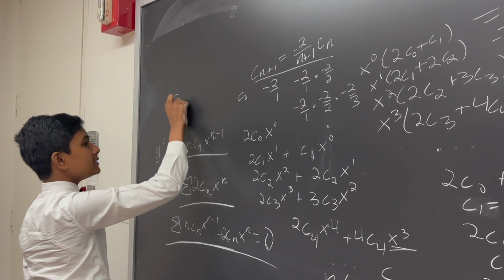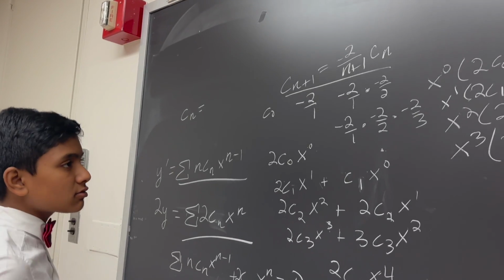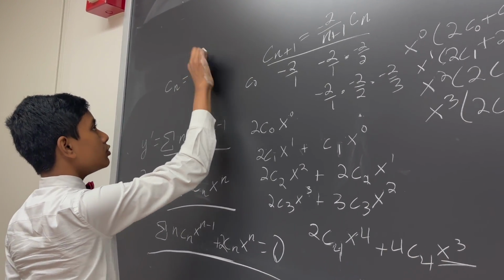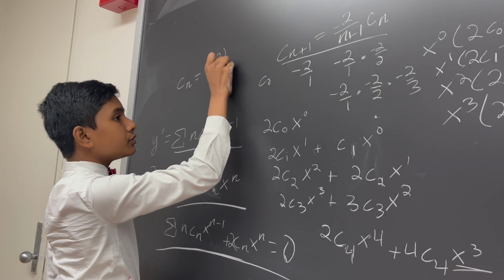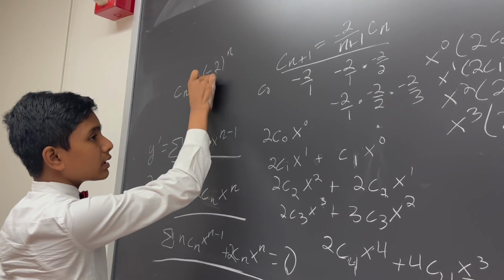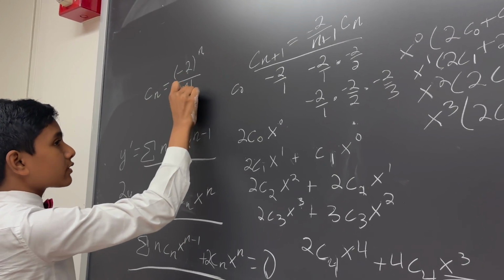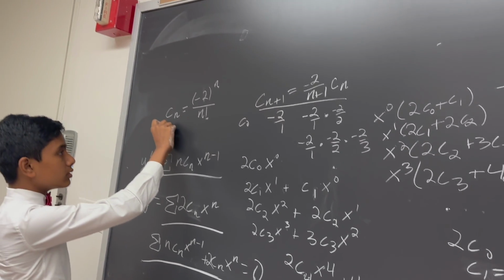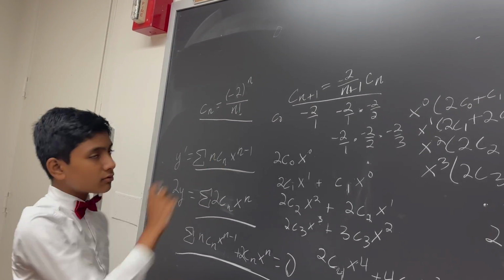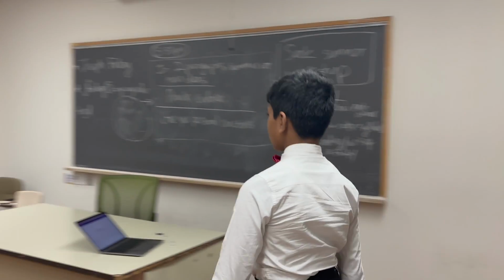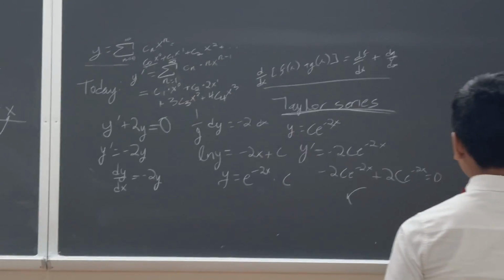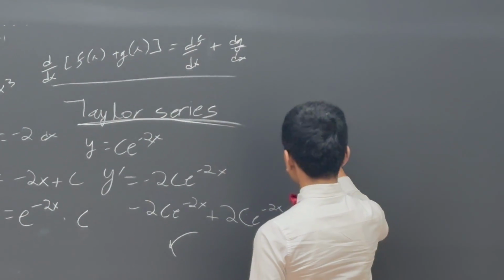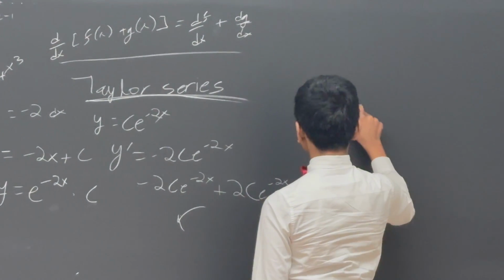So then, what do we get? Well, we get that Cn, in terms of C0, tends to be equal to minus 2 to the nth power divided by n factorial. Seems pretty obvious, right? So, what do we glean from that information? Well, if we look back at our actual solution, we'll notice that it's c e to the minus 2x, right?